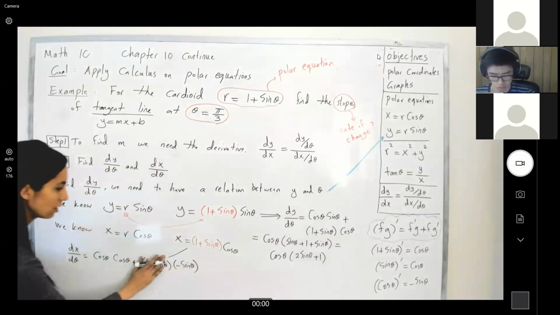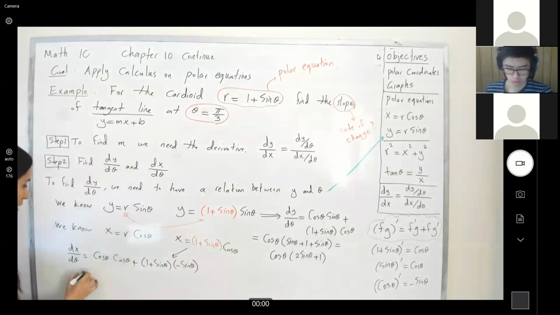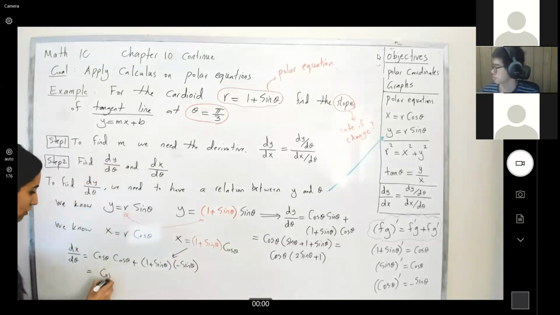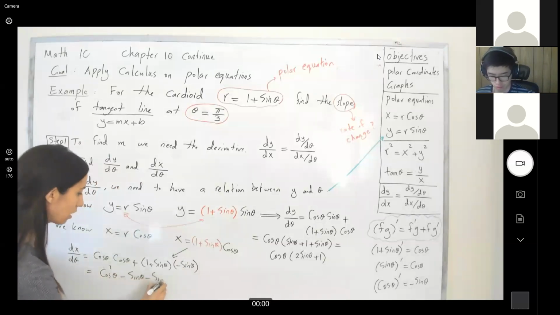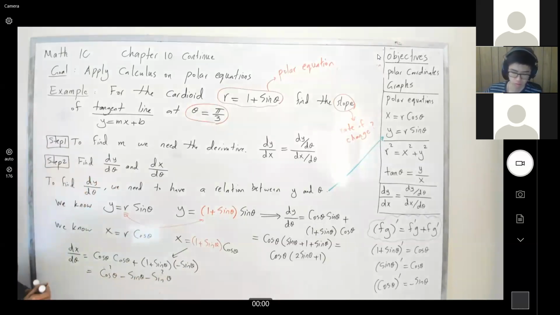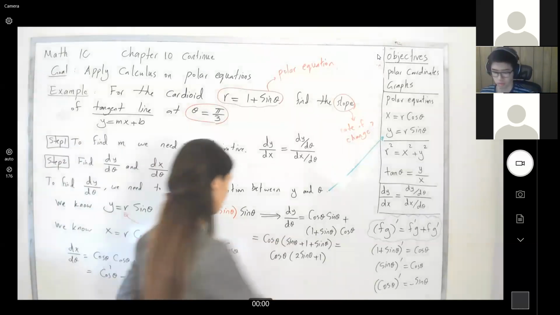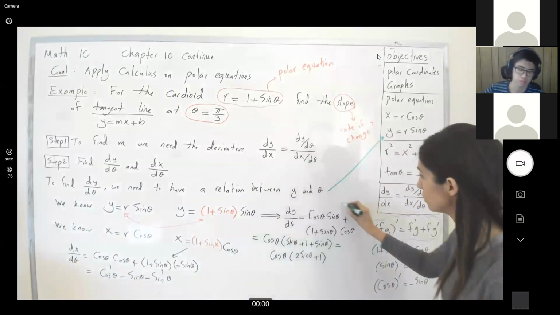Okay, perfect. So this can be written as cosine squared theta minus sine theta minus sine squared theta. So here we go. We found the derivative of y with respect to theta, and we found the derivative of x with respect to theta.